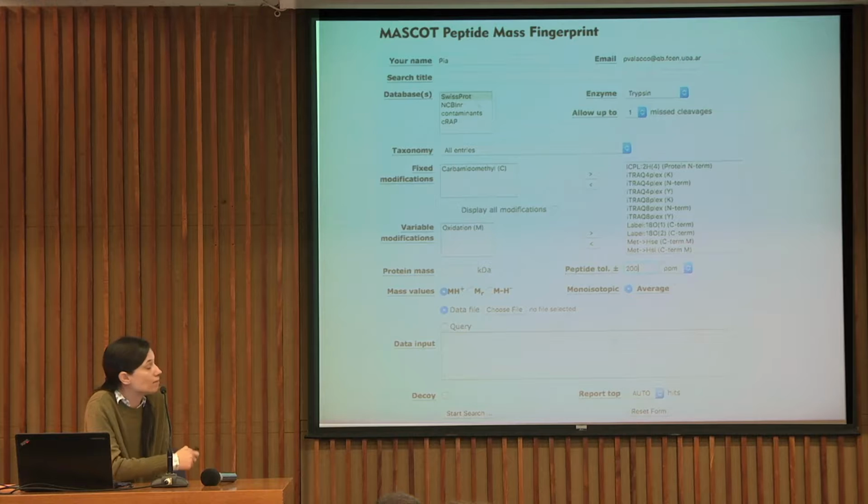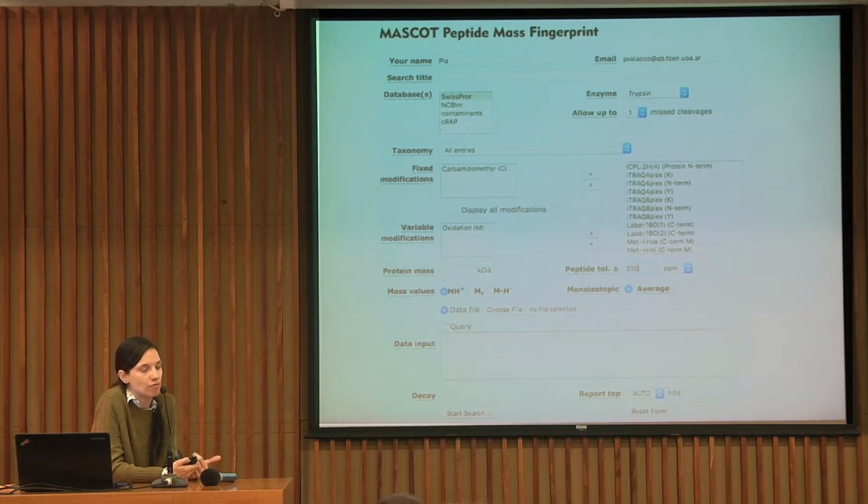You have to tell Mascot which fixed modifications you're expecting. That means that if you expect any amino acids to be constantly modified with a certain modification, it has to know it because, for example, in our case, before we digest proteins, we reduce them with DTT to reduce the disulfide bridges, and then we alkylate with iodoacetamide.